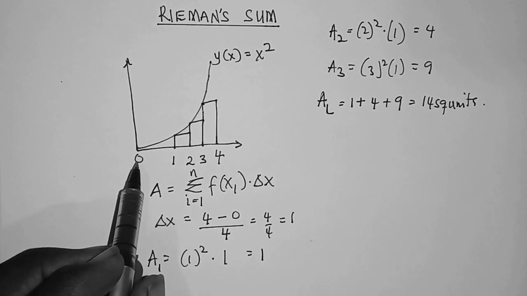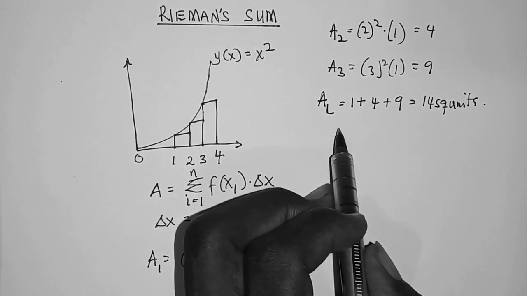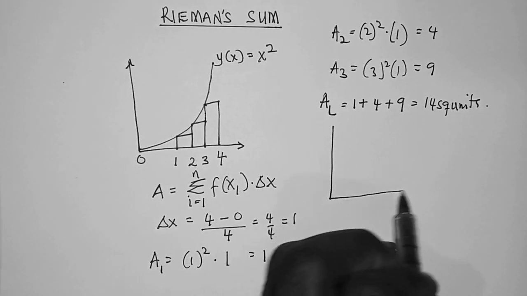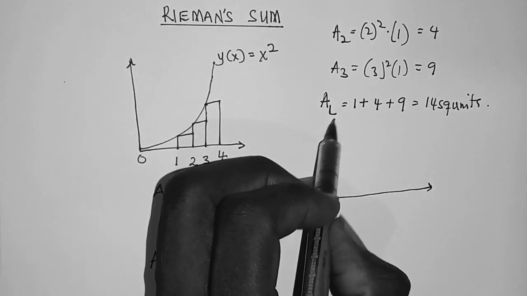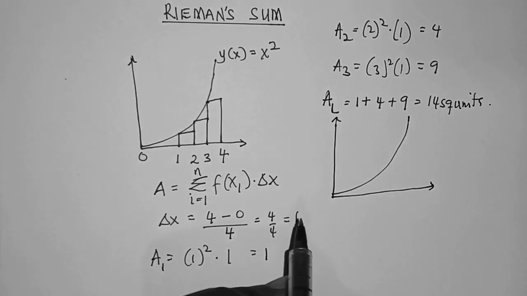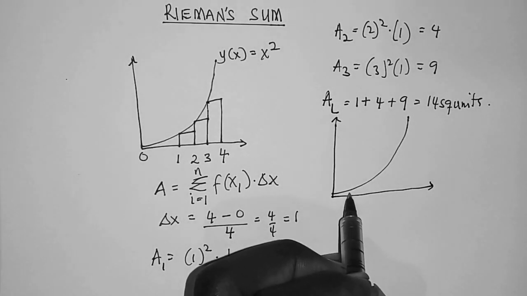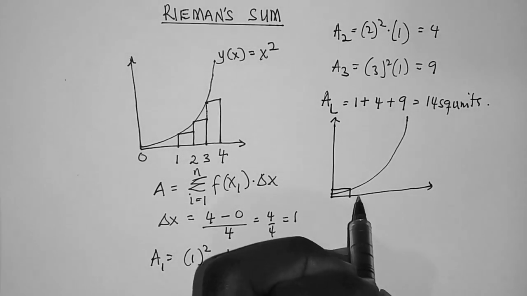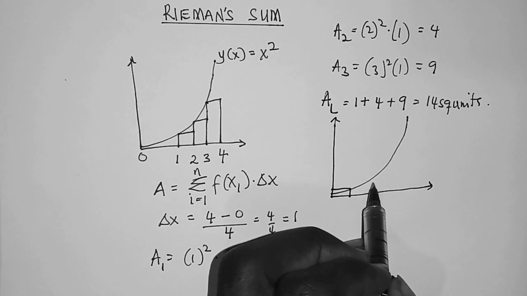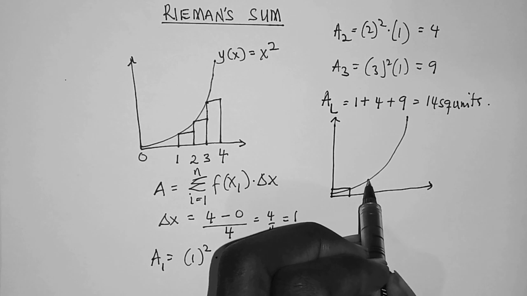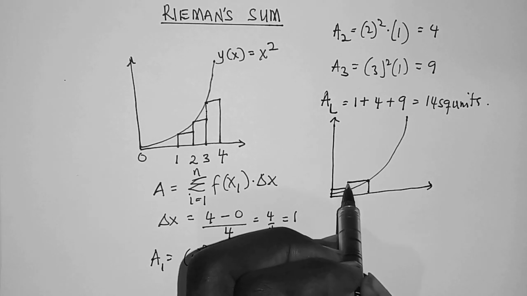Now let's do the same for the right endpoint. The right endpoint will look like this. So let's assume this is the curve. For the right endpoint, it will start from here and go this way. The next one is going to start from here, and then it will come this way.